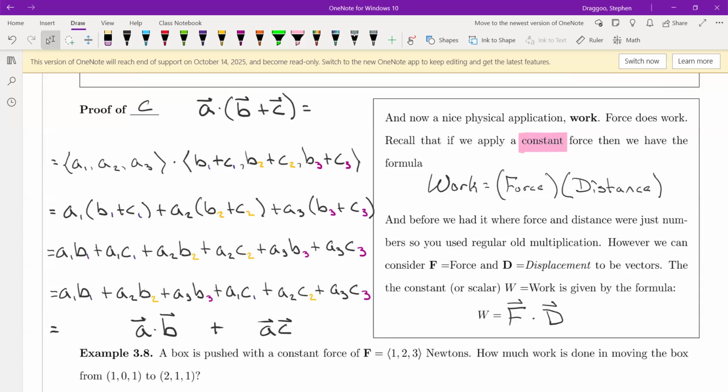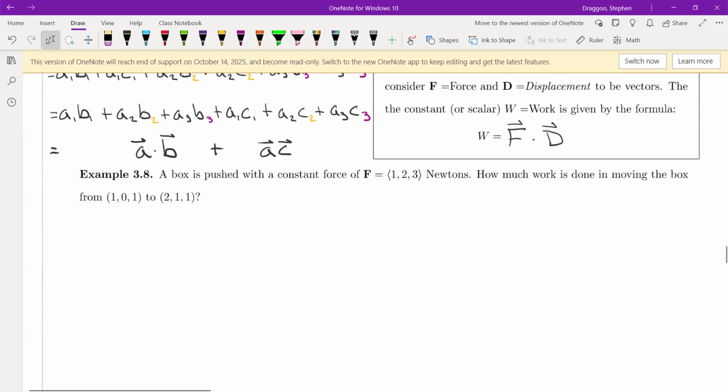Work is just a value. Work is a measurement of energy, and energy doesn't have direction. It's just a scalar. So while force and displacement, I think both make a lot of sense as vectors, work does not, which is good because the result of a dot product is a scalar. There we go.